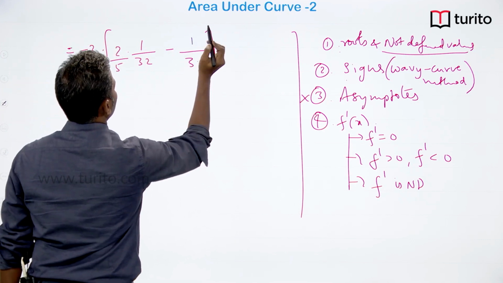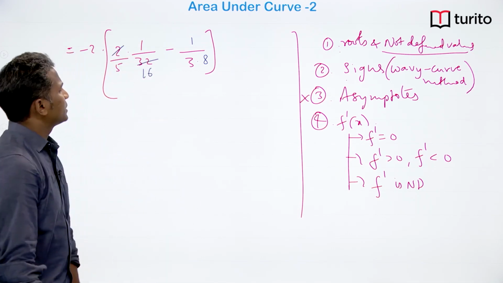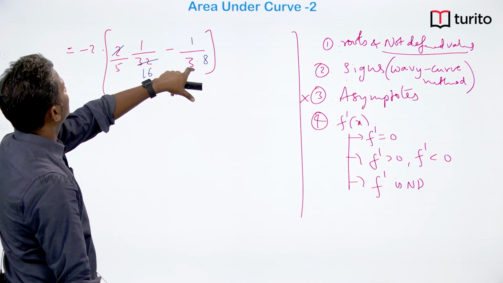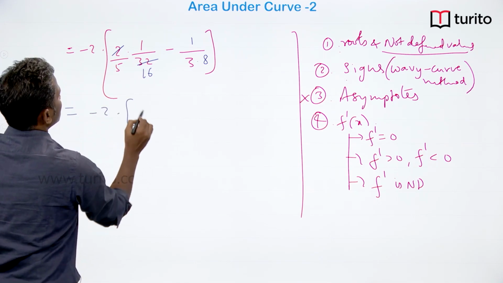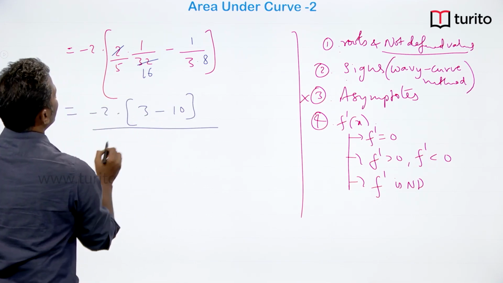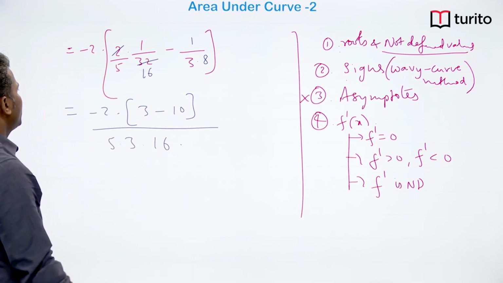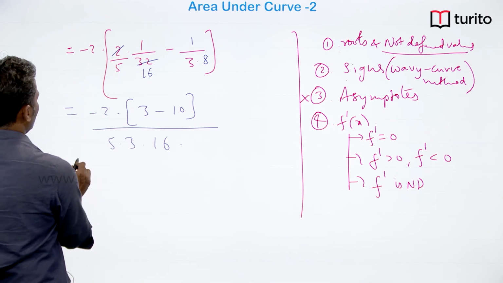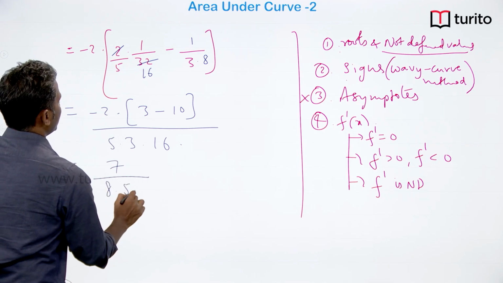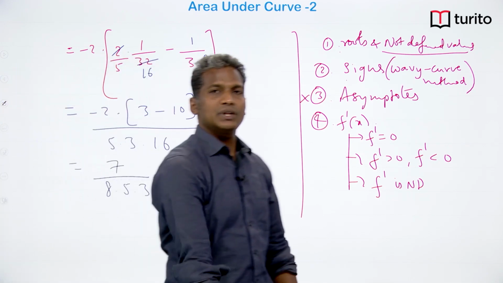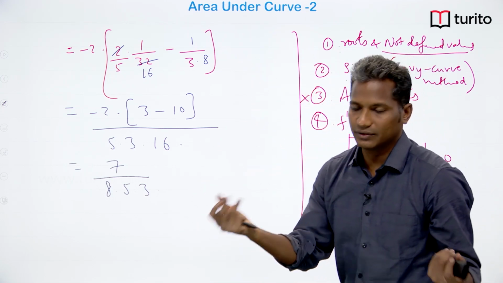Okay, so it is 1 by 8. Now here 16 comes. So to get 16 here, we can put 2 above. So it becomes 3 minus 10 by 5 into 3 into 16, right? Okay, so what do we get here? Here we will get 7 by 8 into 5 into 3. Okay, so that way we can find the area. So this will become the area of the required function.